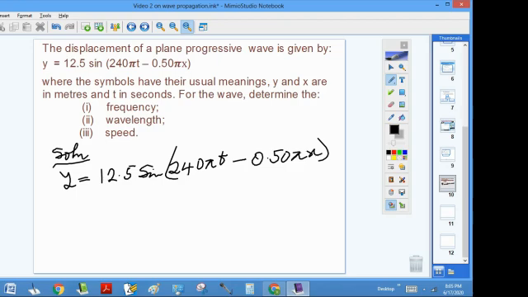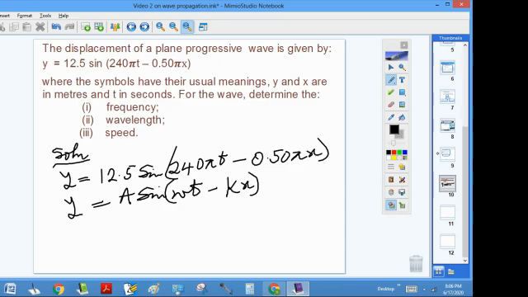In this, we have to equate this with the related general wave function, which is y equal to A sine (omega t minus kx). So that is the general wave function. So we have to find whatever thing we need. We have to do a comparison.